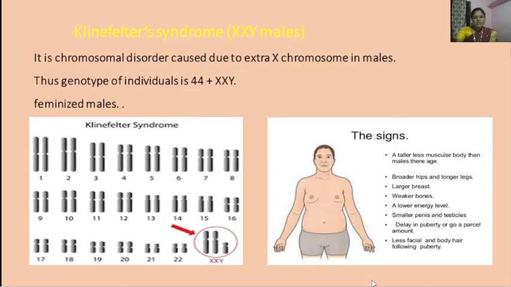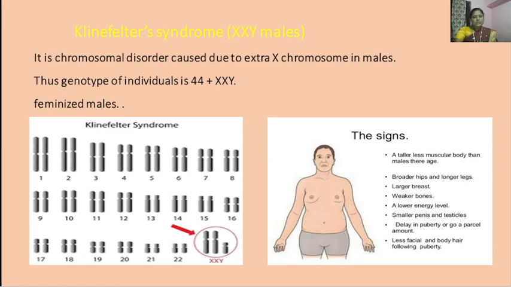So in this particular disorder, they are described as feminized males. The extra chromosome is a result of non-disjunction of the X chromosome during meiosis. The individual is male and has overall masculine development.